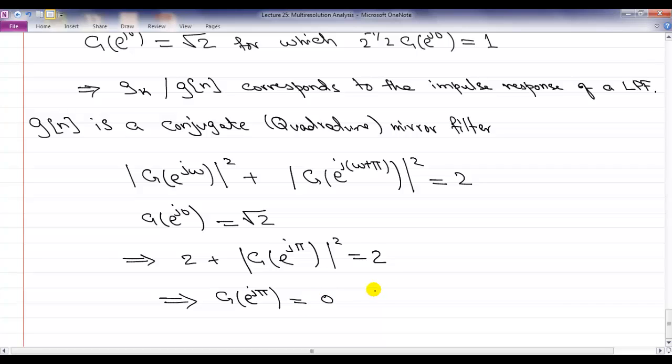So the filter g of n at little omega equal to 0 is square root of 2, and at little omega equal to pi is 0. So it is definitely not an all-pass filter. Okay.